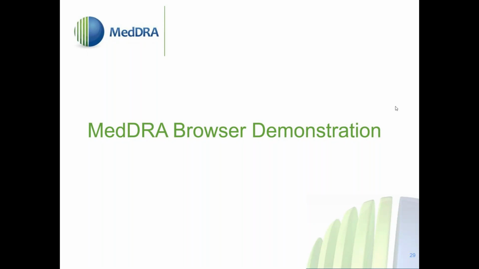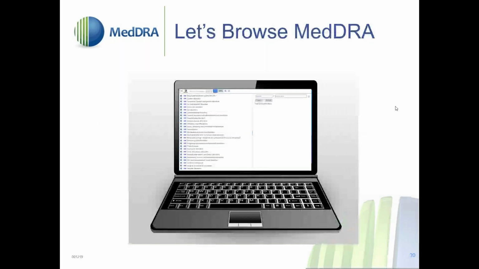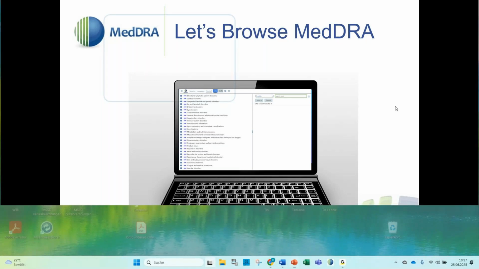But it is also important to make yourself familiar with the MSSO MedDRA browsing tools or your own in-house MedDRA browsers. And I will now use the new web-based browser of the MSSO to show you where to find the relevant terms and make you familiar with their hierarchy. So this is the new browser interface. Now let me switch screens.